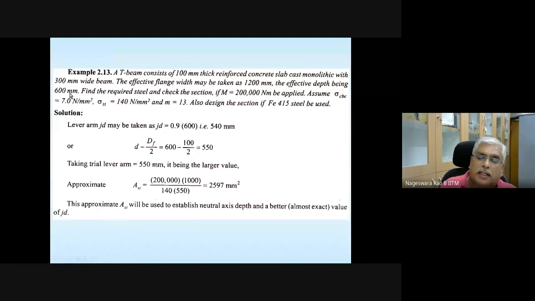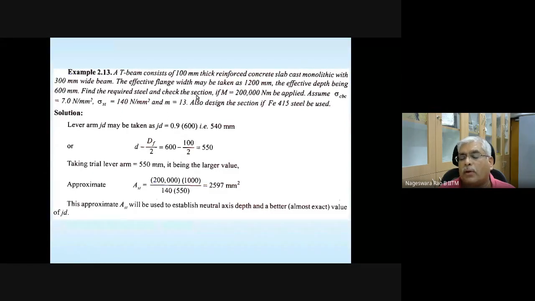Effective depth 600 is nothing but the distance from the extreme fiber in compression, which is the top of the flange, to the centroid of the reinforcement, that is, small d is 600 mm. Find the required steel and check the section.